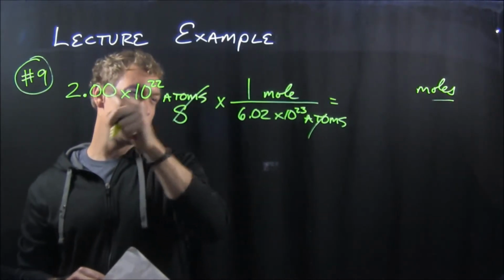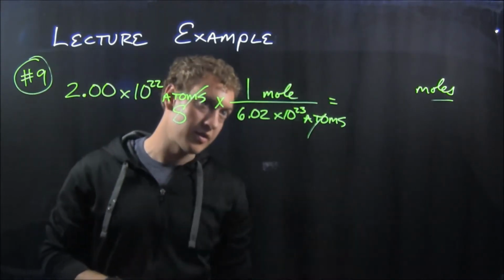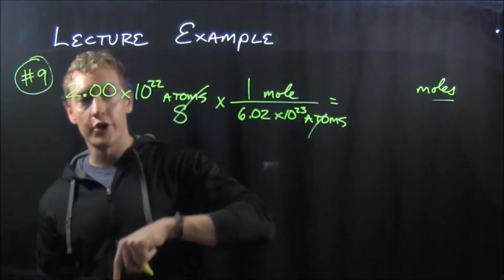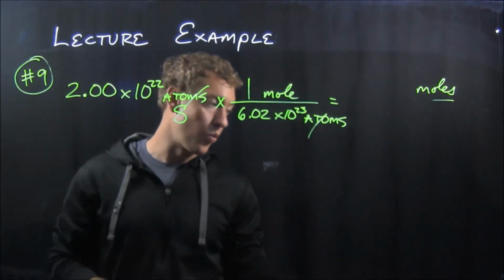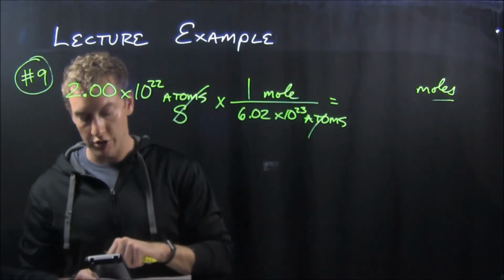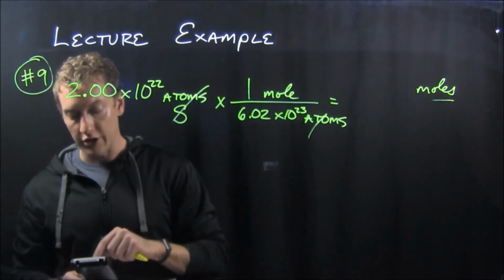So that's going to be 2 divided by 6 is like 1/3, and then 10 to the 22nd divided by 10 to the 23rd. So that's going to be 1/10 of 1/3. So we're talking, what, 3%, so 0.03-ish. So put it in the old calculator.